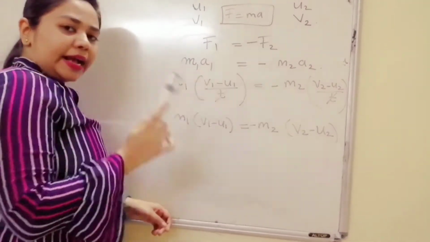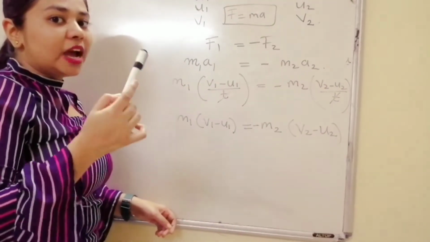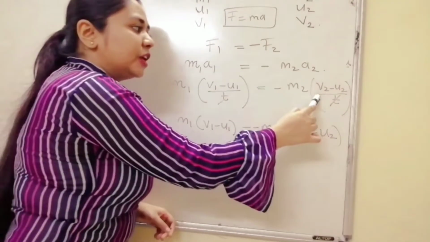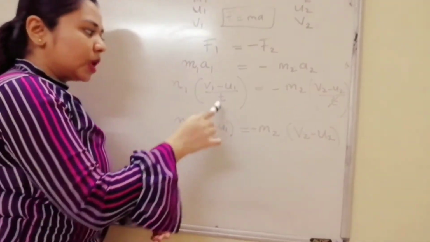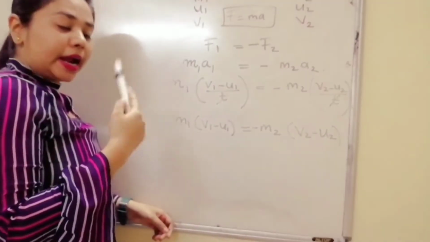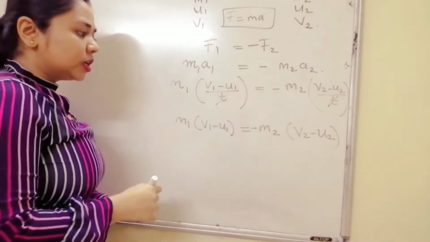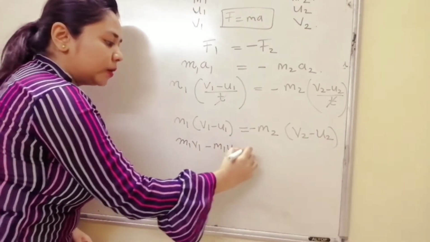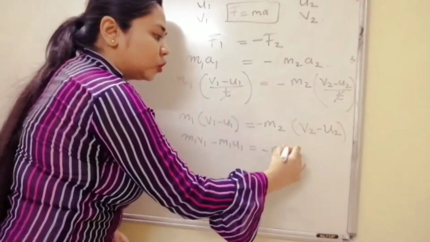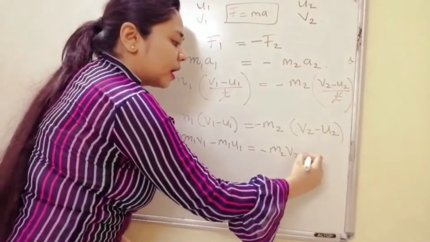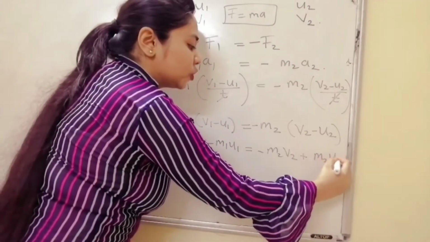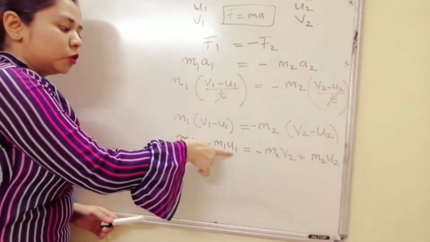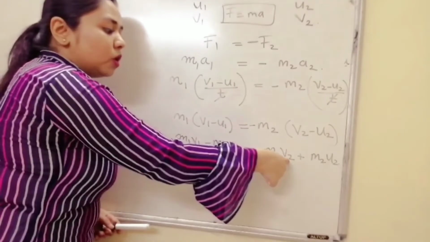Acceleration is change in velocity upon time, v1 minus u1 upon t and v2 minus u2 upon t. T is common, so it gets cancelled. Now rearrange: m1 v1 minus m1 u1 equals minus m2 v2, minus minus becomes plus m2 u2.